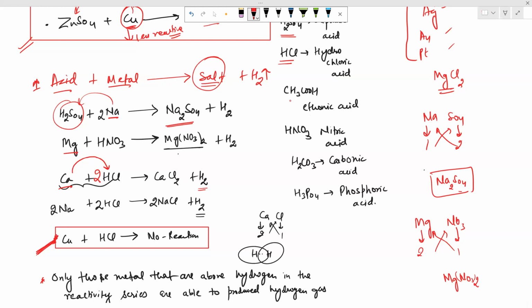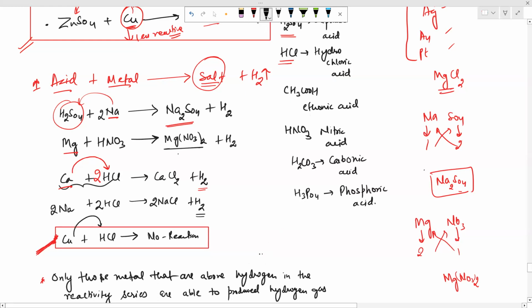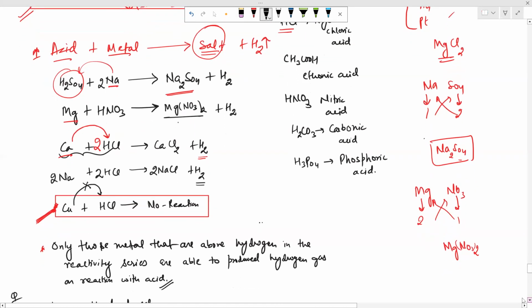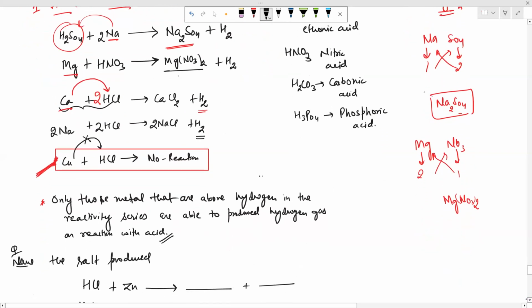Why is it not forming copper chloride plus hydrogen gas? Because copper is less reactive than hydrogen, so it will not displace it, because copper comes below hydrogen. So only those metals that are above hydrogen in the reactivity series can react with acid to produce hydrogen gas. Please note this statement.